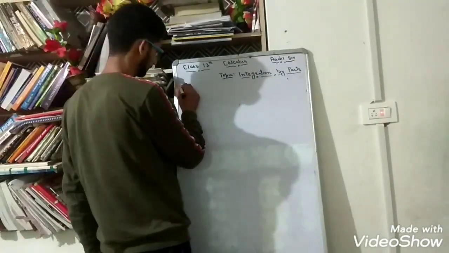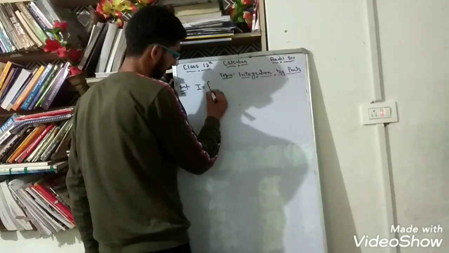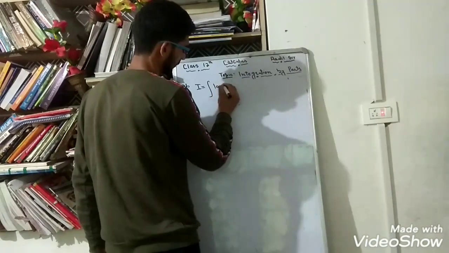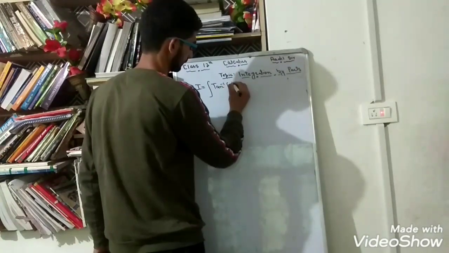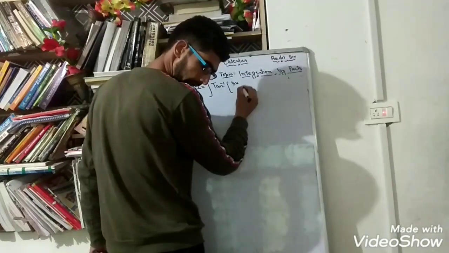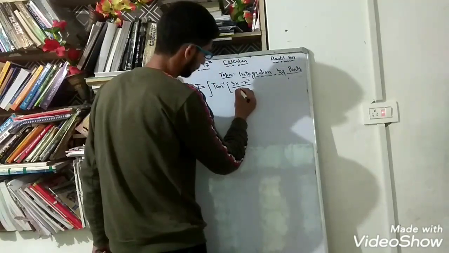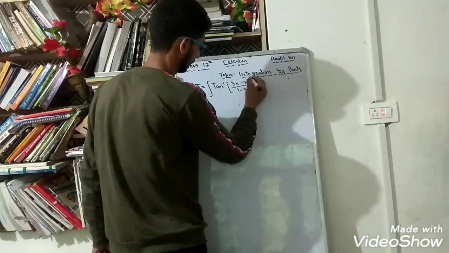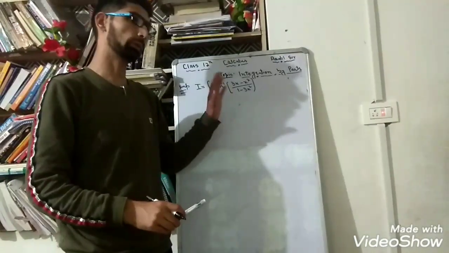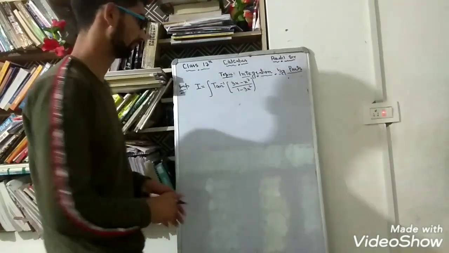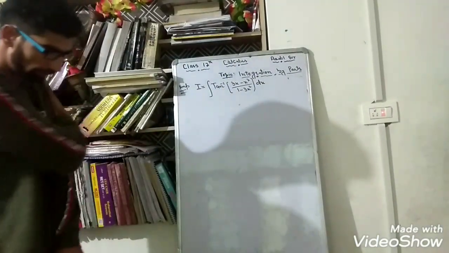You will take the important example, beta, that is I is equal to tan inverse of 3x minus x cube divided by 1 minus 3x squared, dx. Why it is important? Because in this integral we have to apply both methods, the substitution method as well as integration by parts.